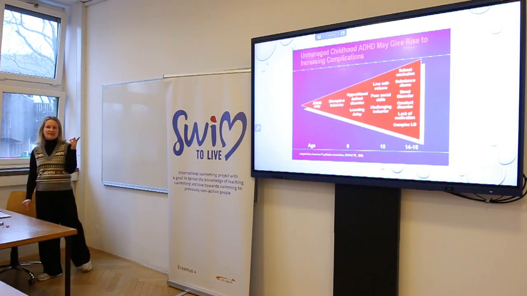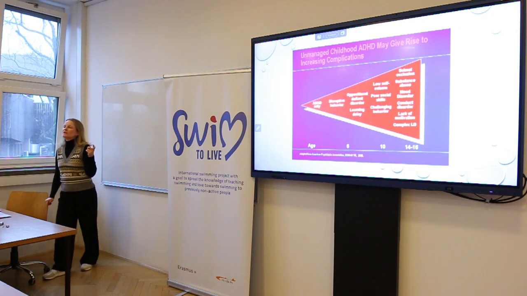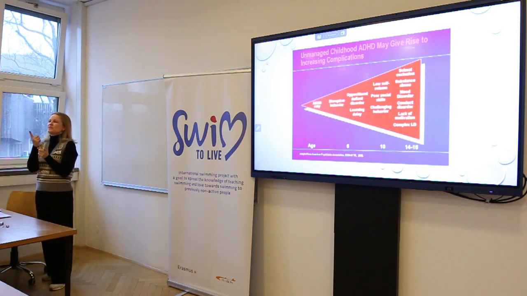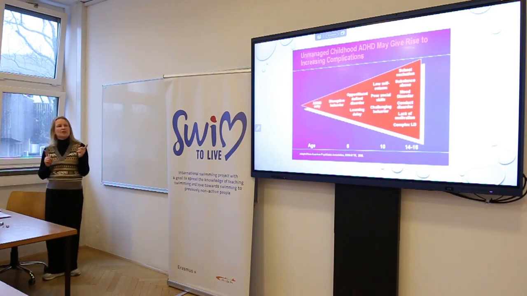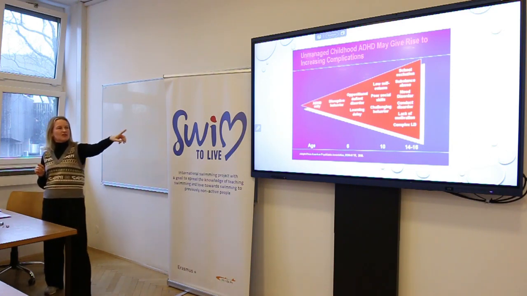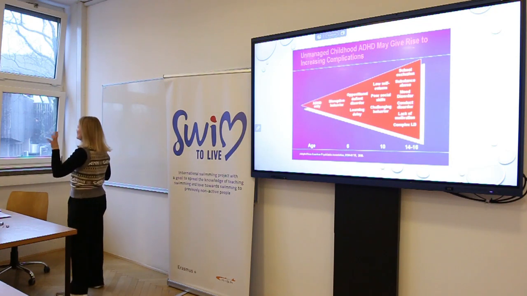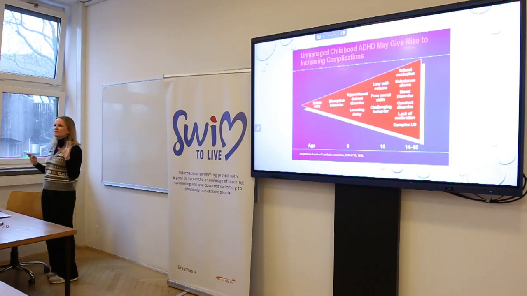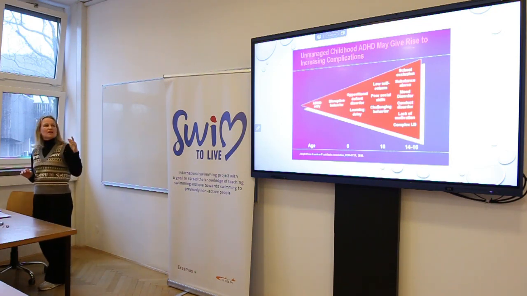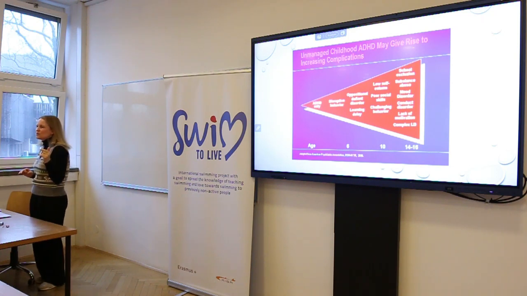I find this slide very important because it says they're like scissors, you know, when they open up when you see a child. So if you see a child at the age of 6, usually there is ADHD and perhaps a little bit of behavioral problems, especially oppositional defiant disorder.